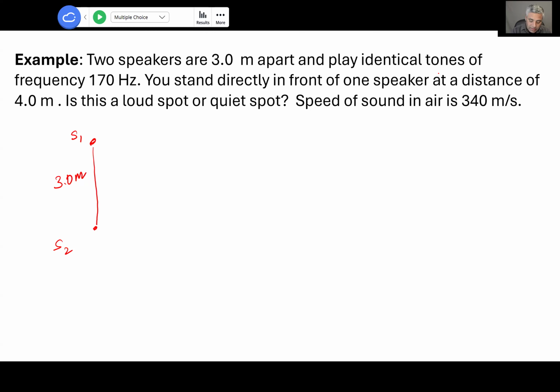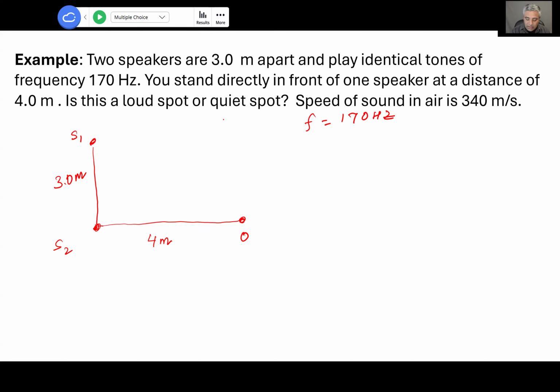They play identical tones of frequency f equal to 170 hertz. You stand directly in front of one speaker at a distance of 4 meters. So let's say you are standing directly in front of one of the speakers, and this distance is 4 meters. Here the observer, that's you.